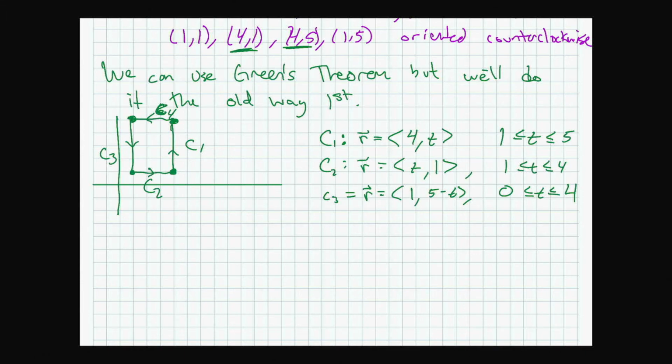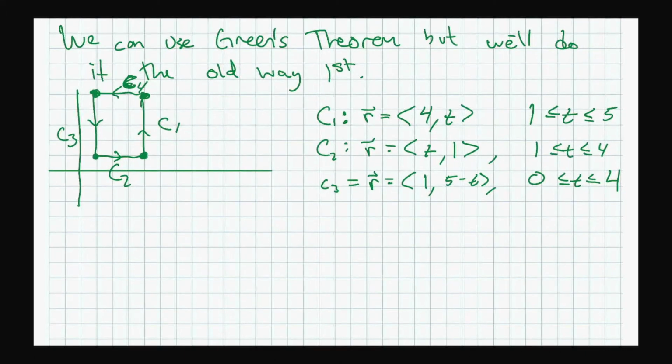For our C3. And then for C4, it's going to be similar. For C4, the way I've got it drawn, the y value is stuck at 5. The x value needs to go from 4 down to 1.